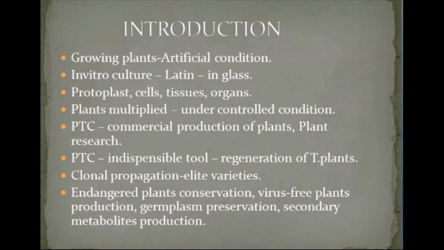But we won't take much care. But for culturing plants in tissue culture techniques, we have to take care of the entire process because it is under controlled condition. So controlled condition means we cannot grow the plant species in normal room temperature and normal light.